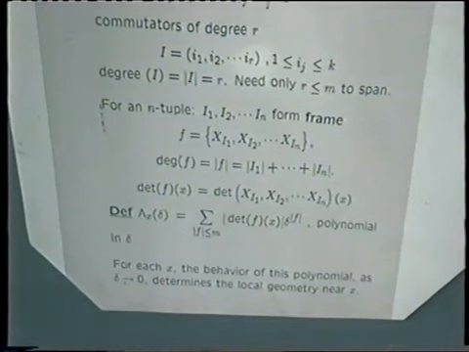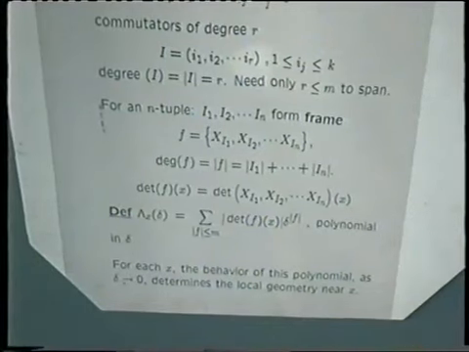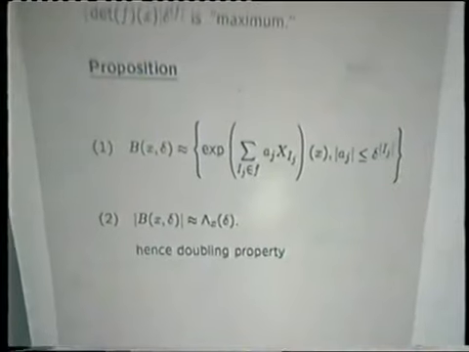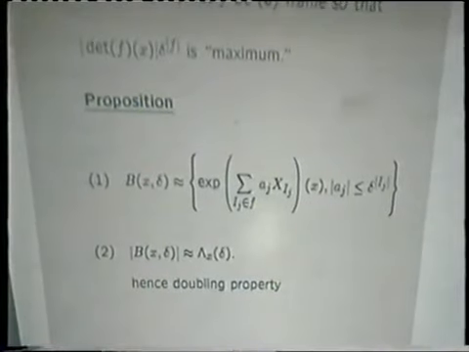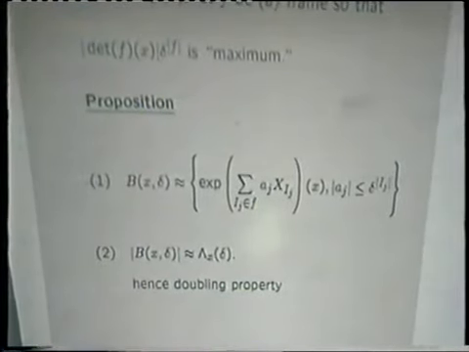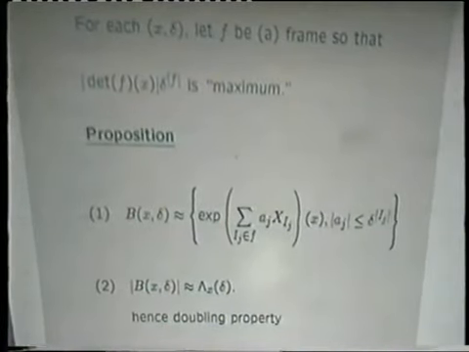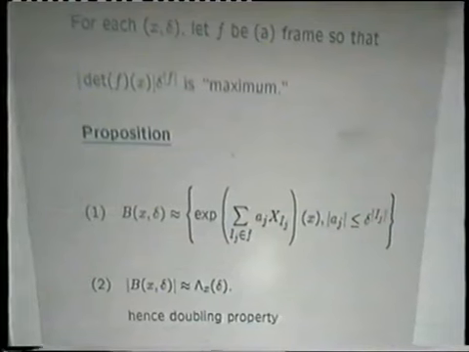I just want to say one or two words about how it determines the geometry, or what it tells you. It tells you what these balls look like. For each x and delta, we choose the frame, and there may be several frames, and that's the whole point, for which this polynomial gives essentially the maximum value.